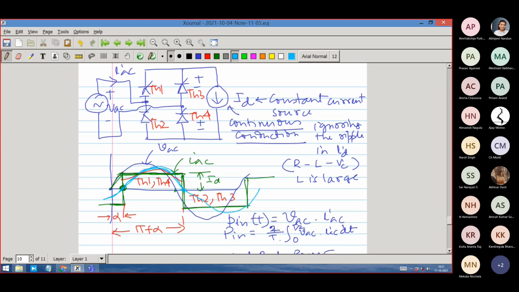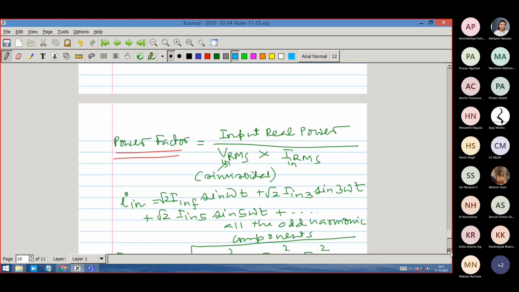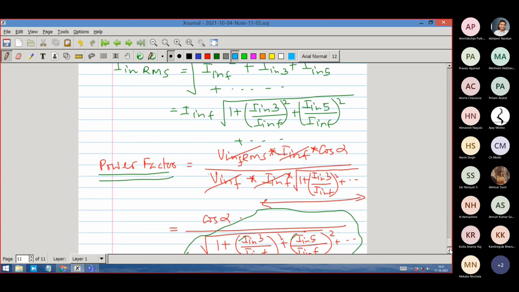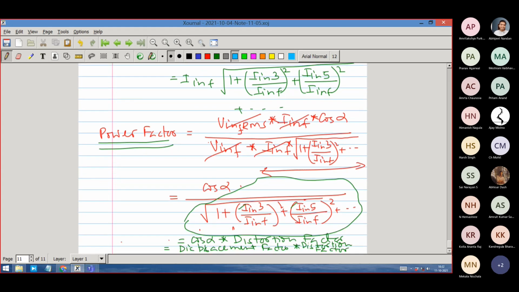To quantify that current, the actual current is ID, and we need not only the fundamental component but also quite a few harmonic components, and therefore we are getting this quantity called distortion factor. Distortion factor implies the ratio between fundamental current RMS and the actual current RMS, right?